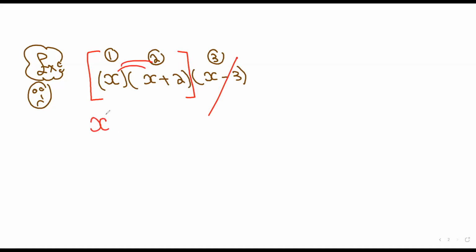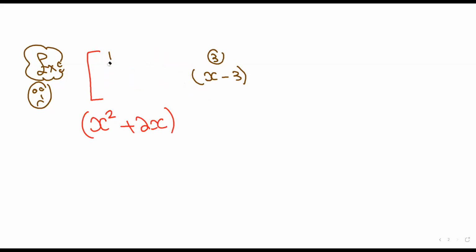X times x is x squared. X times 2 is 2x. Now I'm done with those, as if they no longer exist. Take that result and multiply by the third, x minus 3, using the same procedure.